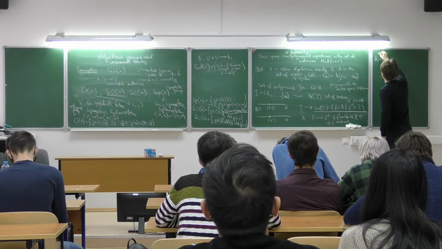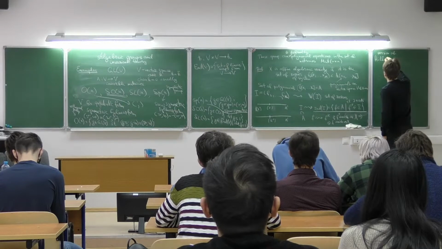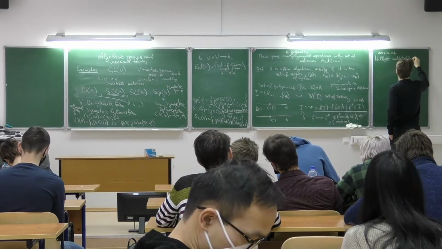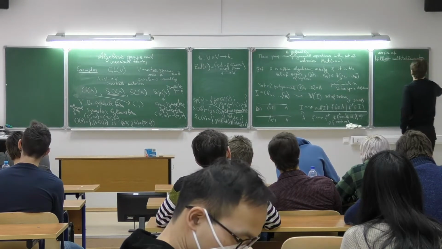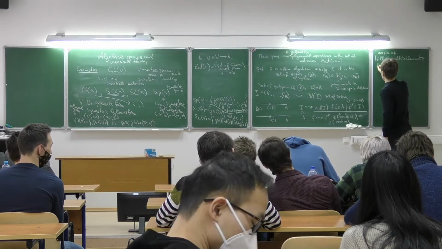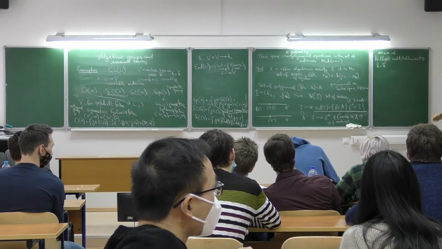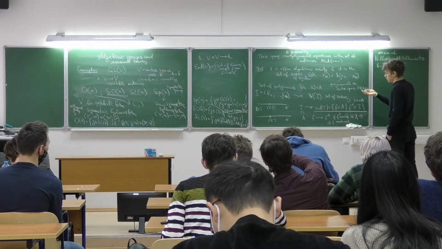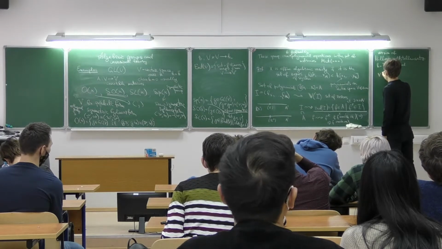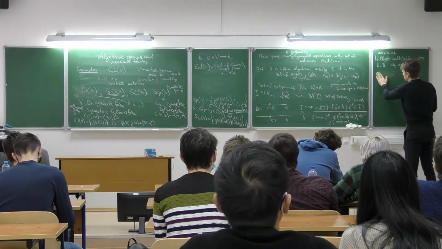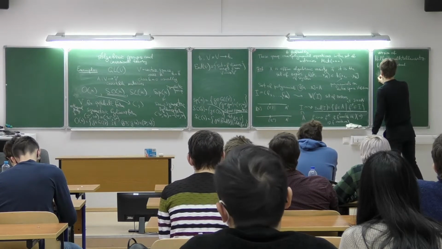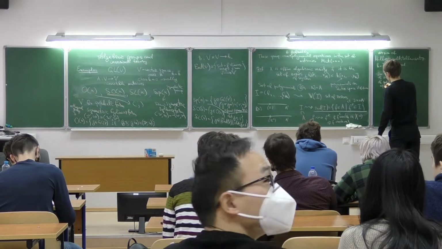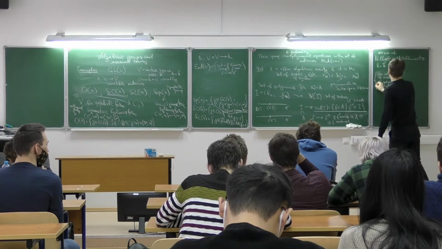tells us, so the version of the Hilbert Nullstellensatz, the theorem on zeros, tells you that if K is an algebraically closed field, so you do not assume that it has zero characteristic, then the sets of zeros of polynomial systems of equations are in bijective correspondence with radical ideals.